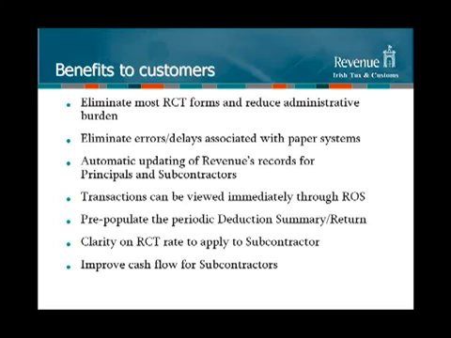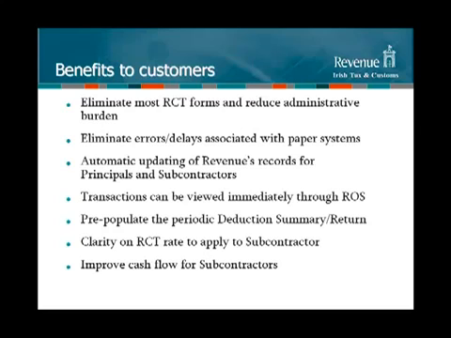Only one RCT rate will apply to a subcontractor at any point in time. All principals engaging the subcontractor will be obliged to apply this rate to payments for that subcontractor. The new RCT processes can be integrated into accounting systems, giving businesses more control and confidence in the accuracy of RCT data.